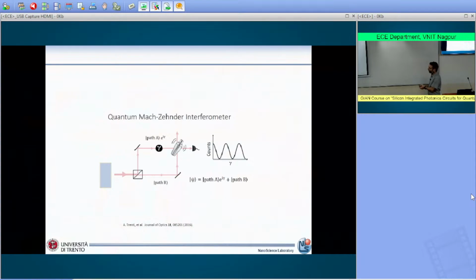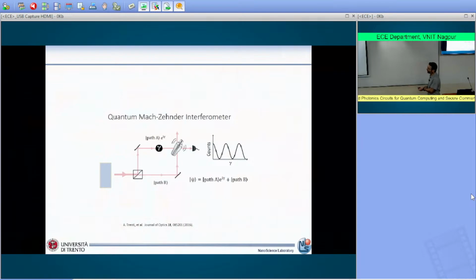Then we do have that the photon that is traveling in this path here arrives in the region where we add a phase shift. And therefore, now the photon in this path here is described by the wave function characteristic of the photon that has moved in this path, plus a term that represents the fact that the photon in this path has been phase shifted by a certain quantity gamma.